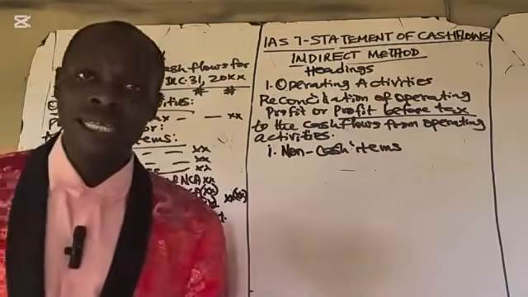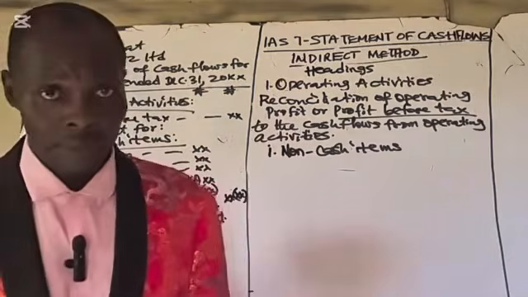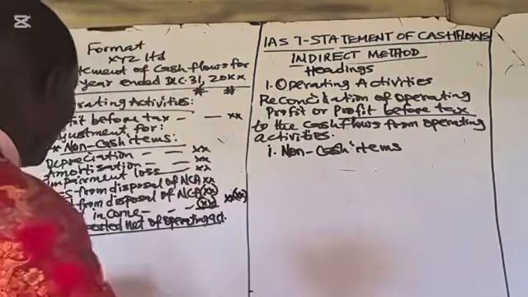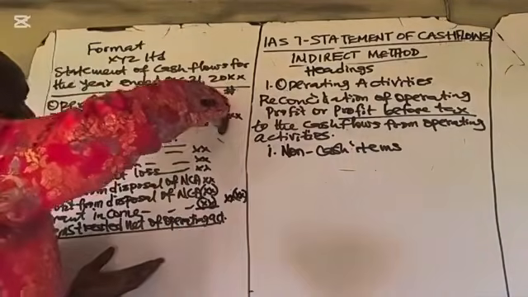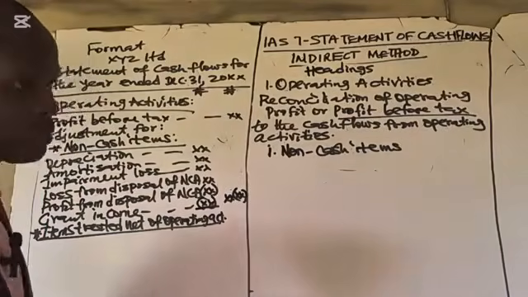What this means is these items might relate to investing or they may relate to financing, but their effect or their impact has been included in the profit before tax.